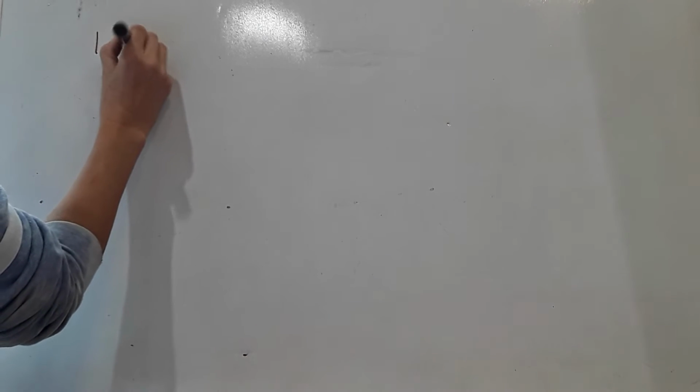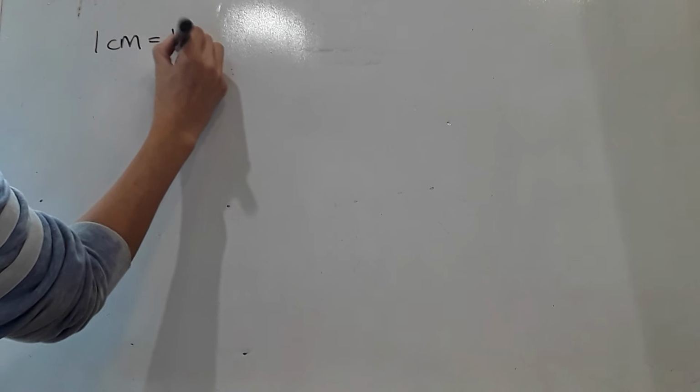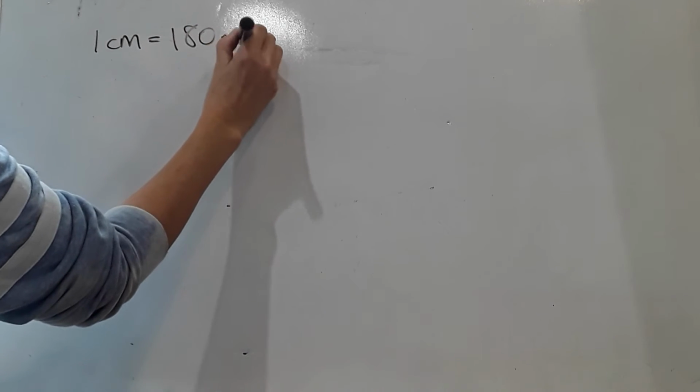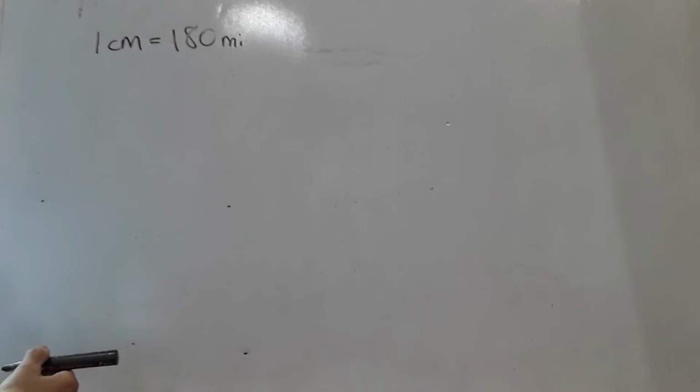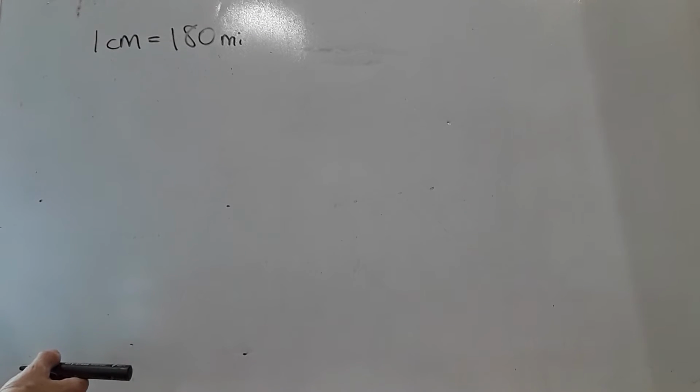Okay, so on your map, there's a scale, and the scale on the map you have should say 1 centimeter equals 180 miles. The one in the book is actually in centimeters and kilometers, but the map that I'm giving you is in miles. You're going to draw a line on step 3 from Phoenix to Bismarck.